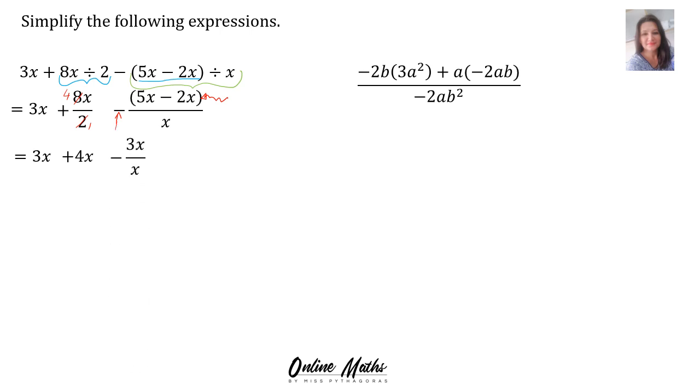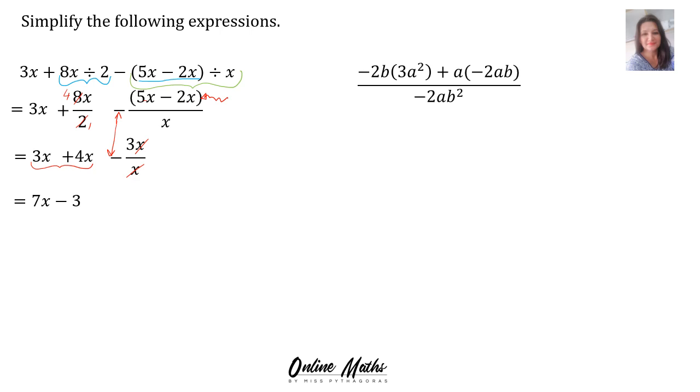So this minus is that minus. 5x minus 2x is 3x over x. And then in the next step, you can add 3x plus 4x is 7x. And then the last term, you can say the x and the x cancel each other out. And you're left with 7x minus 3. And then they are not like terms, so you cannot add them.